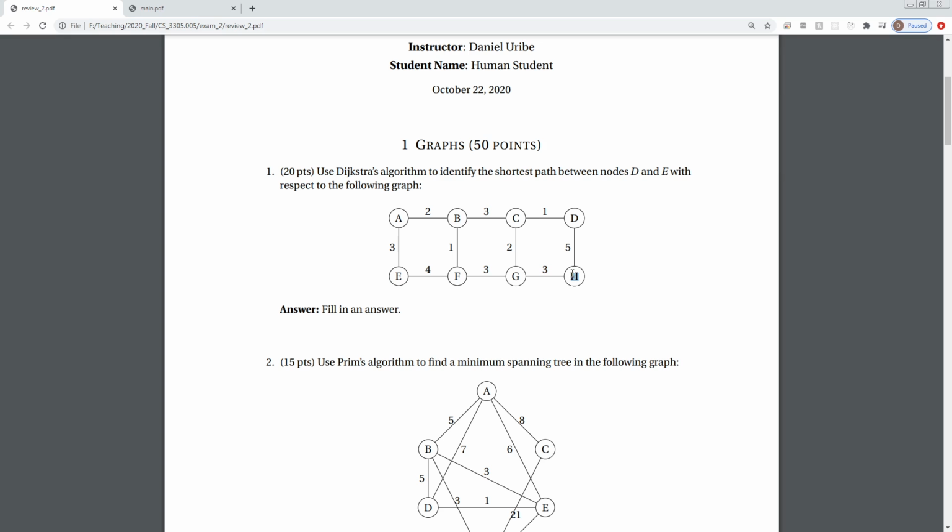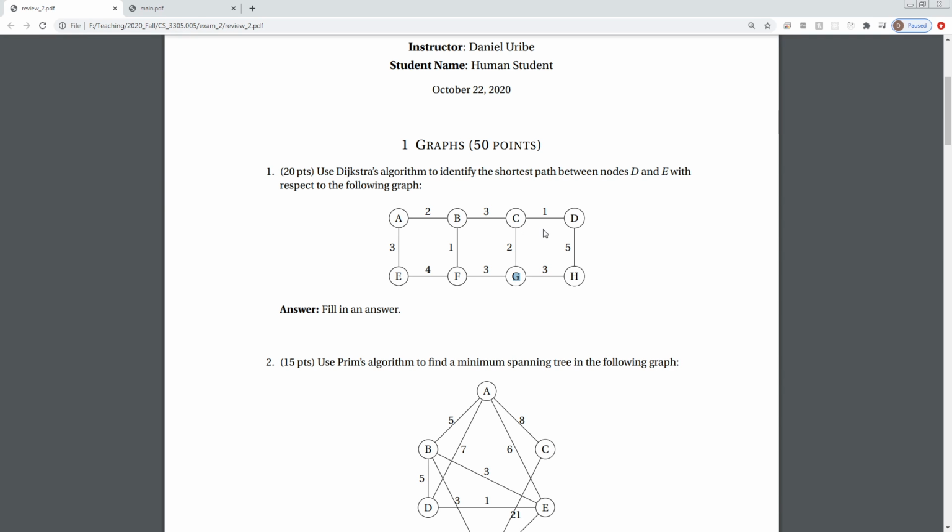Next, we test out H, which was the next one in line for D, and we say, okay, well, we consume the edges from H that are incident to H, and we have one running back to D. Well, we ignore that because D is already solved, and then we go to G, and we see whether or not the path from D, H, G is shorter than whatever the shortest path to G is.